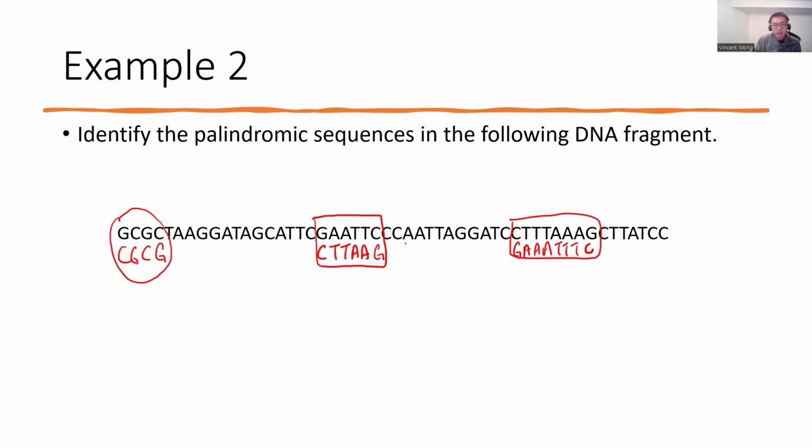And there's another one here. Actually, no, just the TATA here. All right, this is just for practice. I'm not going to ask you to identify the palindromic sequence on the test, since you can't really circle them, right? So that's that.